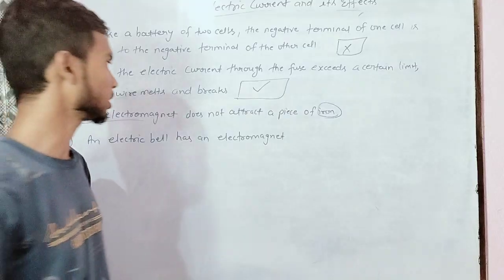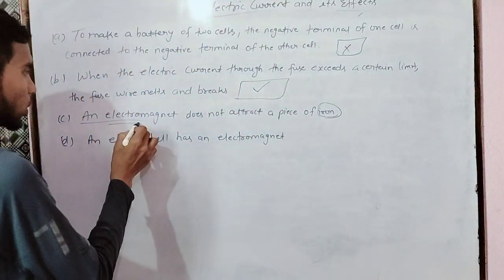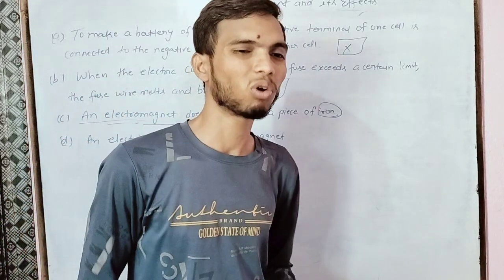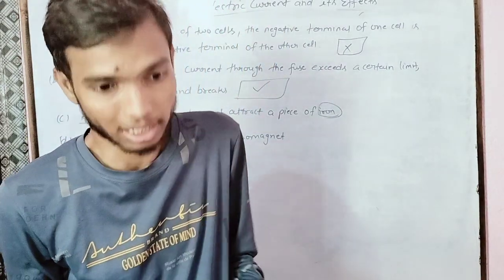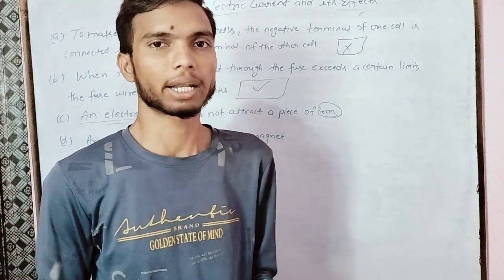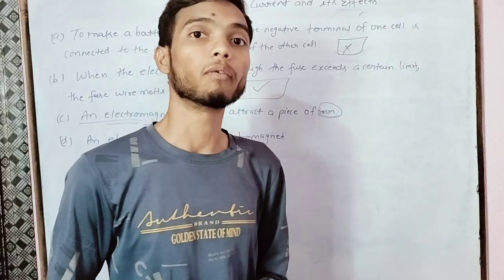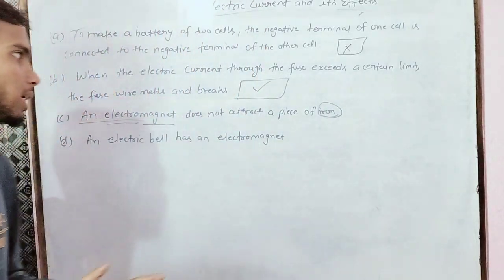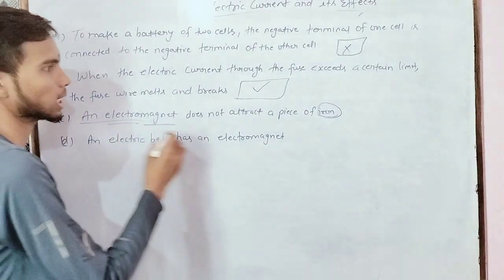Iron is a conductor. Now here, what is the electromagnet, and second, what is a magnet? Suppose a magnet does attract iron, an electromagnet will also attract iron. So of course it is incorrect.